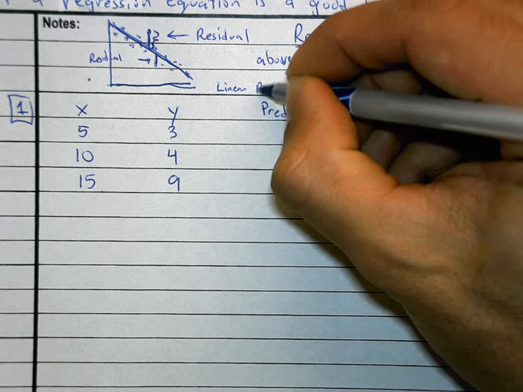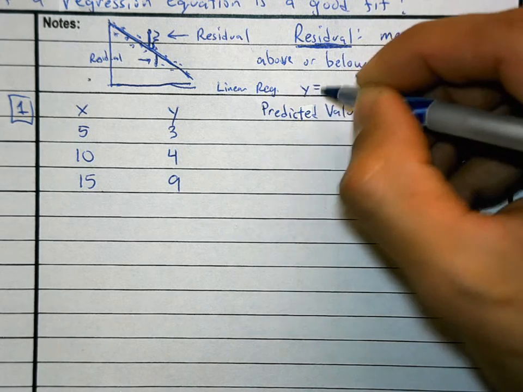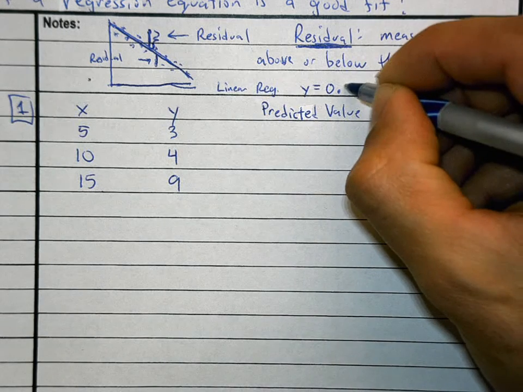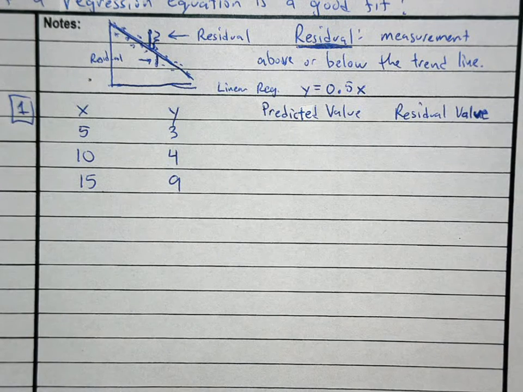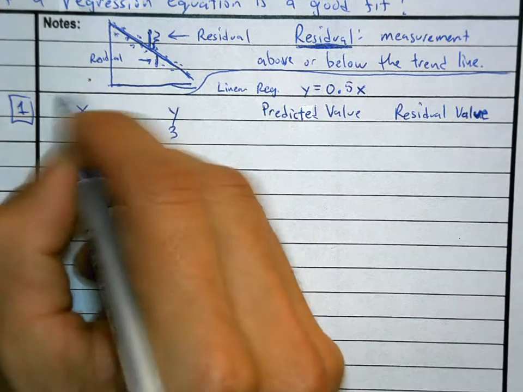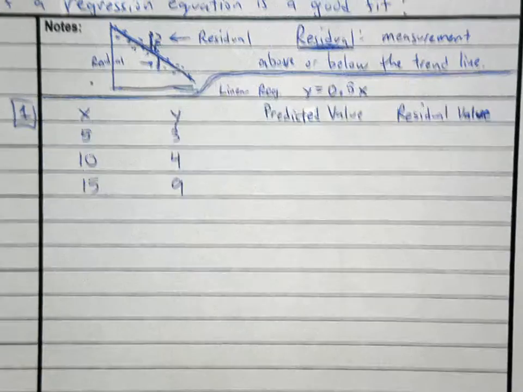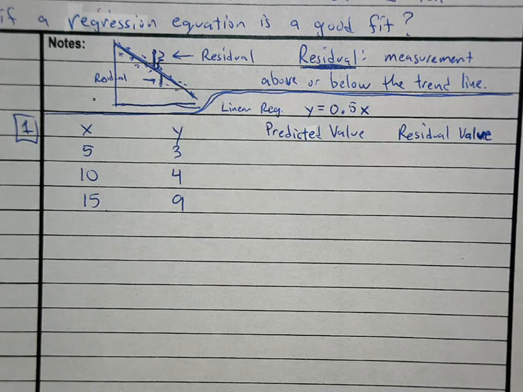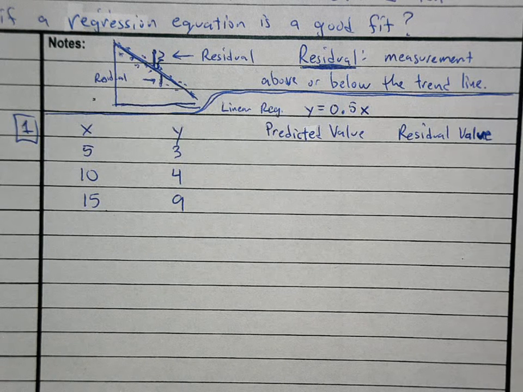I should have gone down one more line. There we go. My linear regression equation for number one is y equals 0.5x, and I put it above my predicted value.